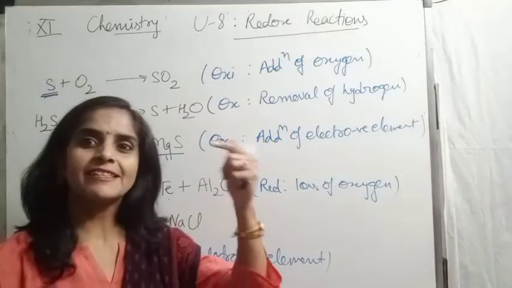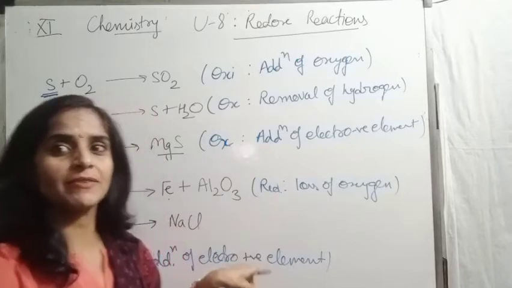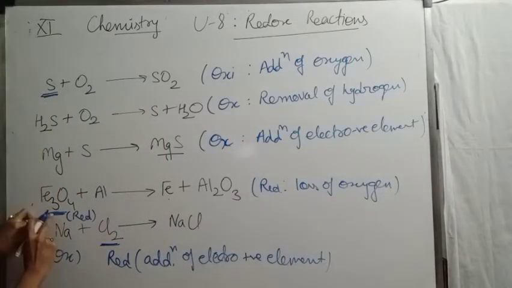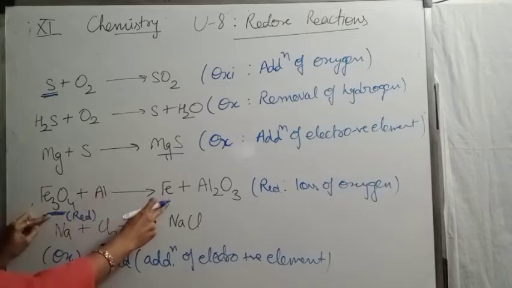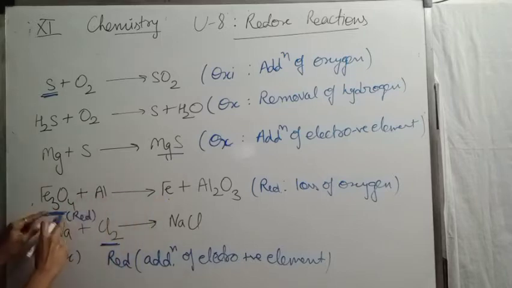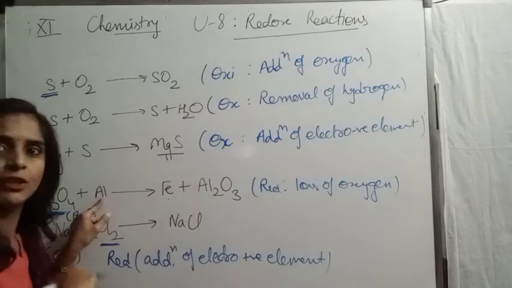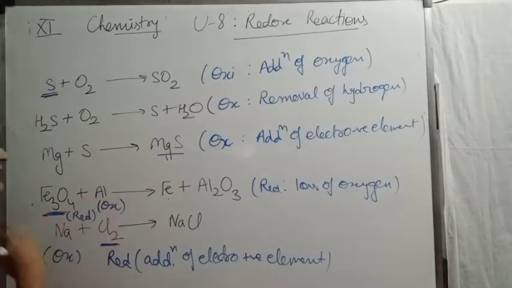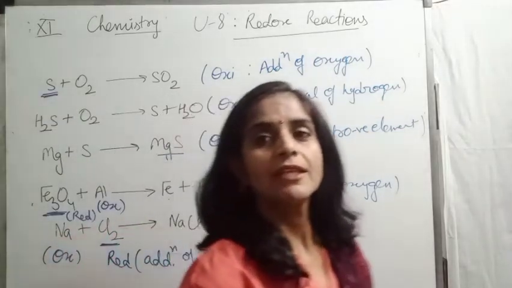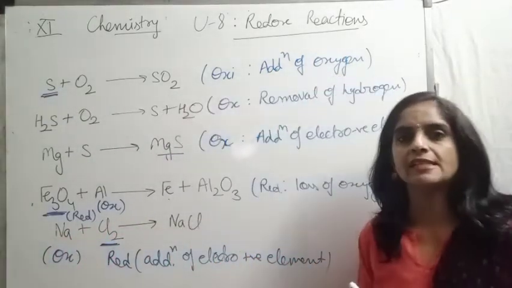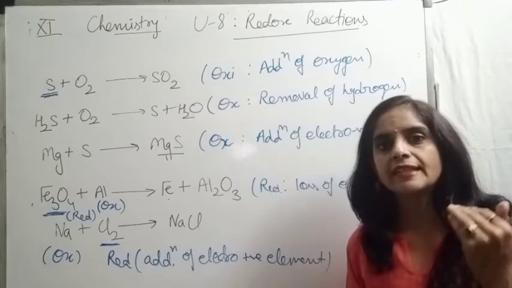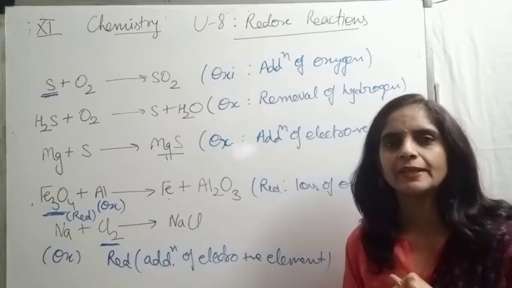Similarly, children, try this for all these examples. One more I can tell you: for Fe3O4, for iron this is reduction because oxygen is removed, but for aluminium addition of oxygen is taking place, and addition of oxygen is oxidation. So in this way we can see both oxidation and reduction take place simultaneously.